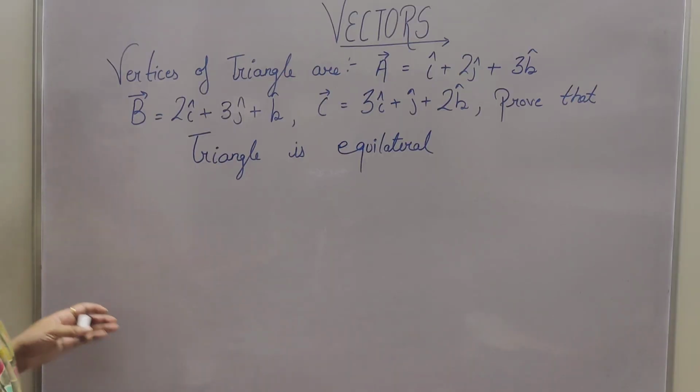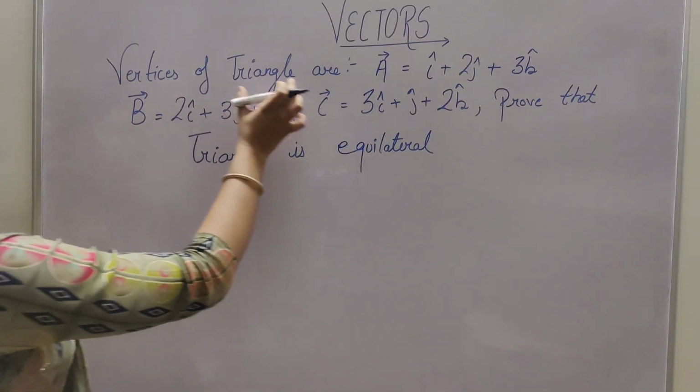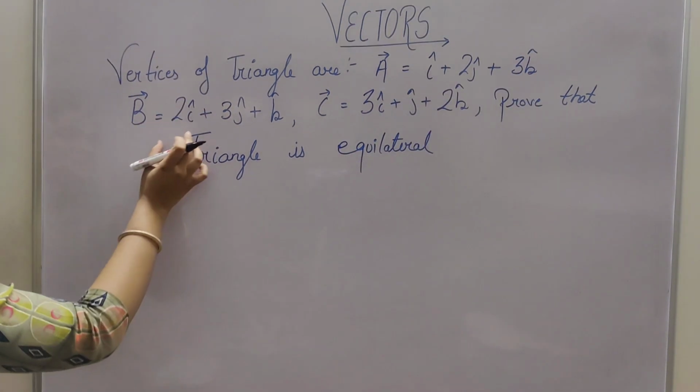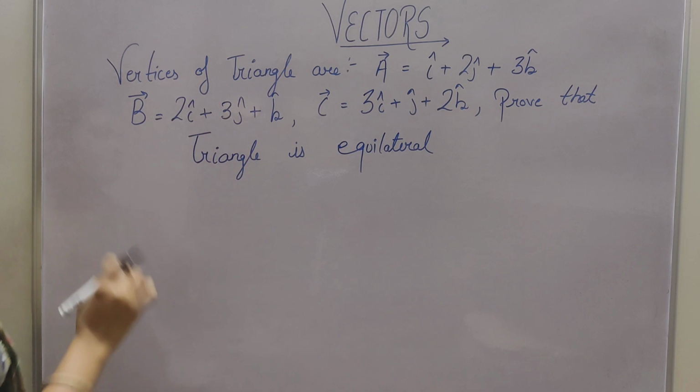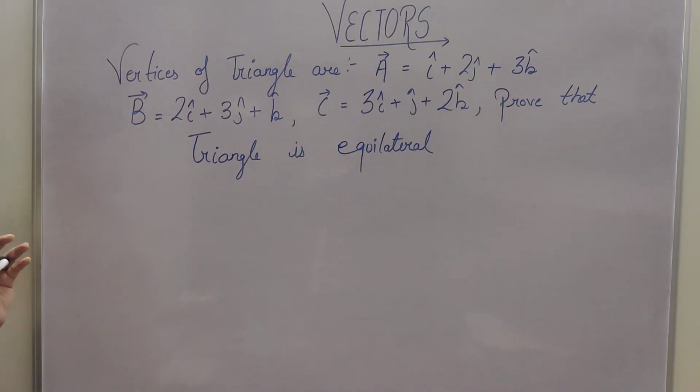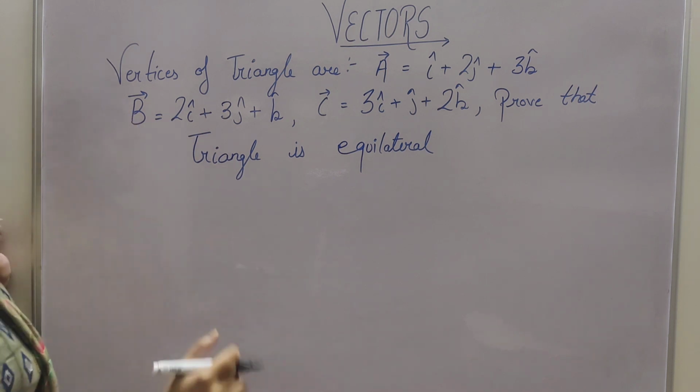So students, this is your last question. The vertices of a triangle are A equals i plus 2j plus 3k, B equals 2i plus 3j plus k, C equals 3i plus j plus 2k. Prove that the triangle is equilateral. How are you going to prove it?